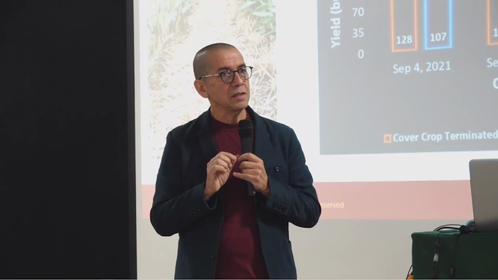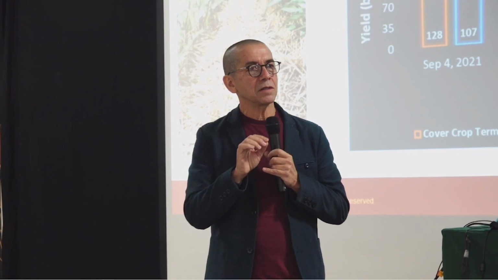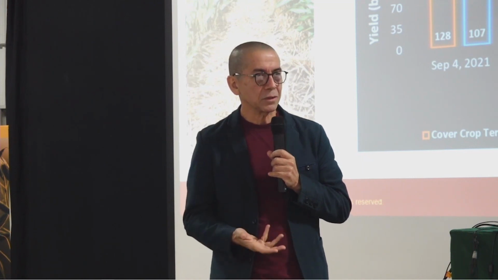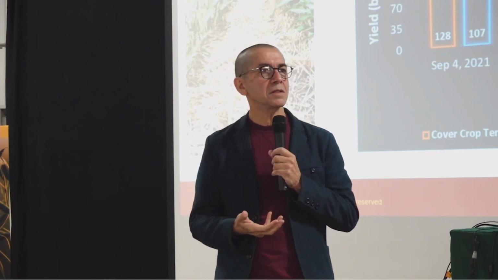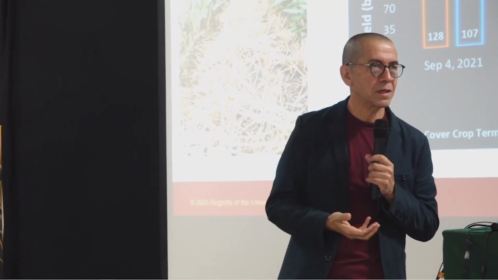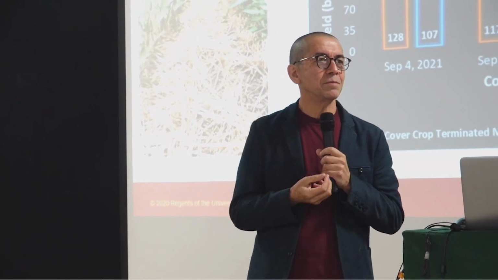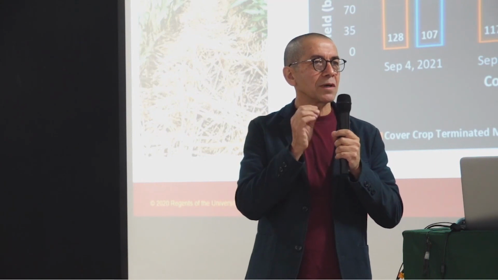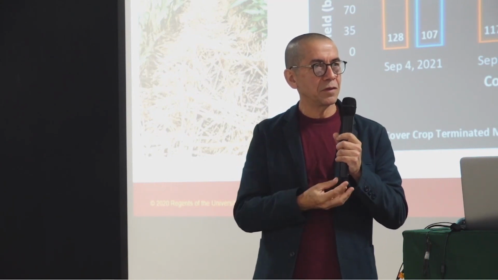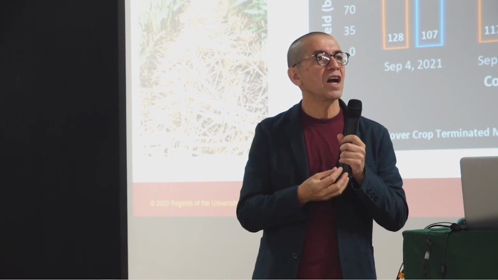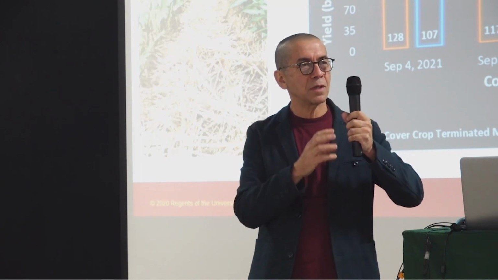The reason we did that is that there is evidence from research that the problem with cereal rye is underground, okay? The problem is in the roots, the biomass of the roots, but not exactly the amount of biomass. It's because the carbon-nitrogen ratio of the root biomass is very high. There is more carbon than nitrogen.